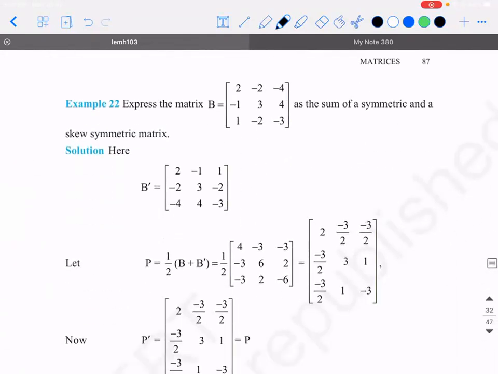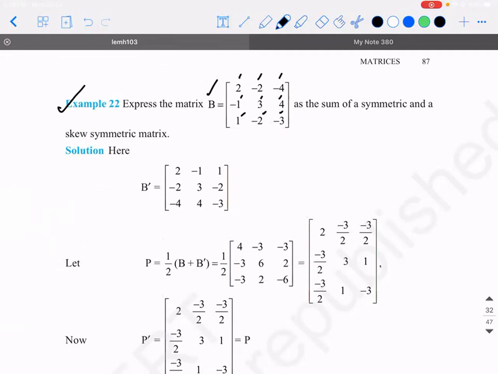Okay, can you guys try this problem and tell me? Matrix B is 2, minus 2, minus 4, minus 1, 3, 4, 1, minus 2, minus 3.